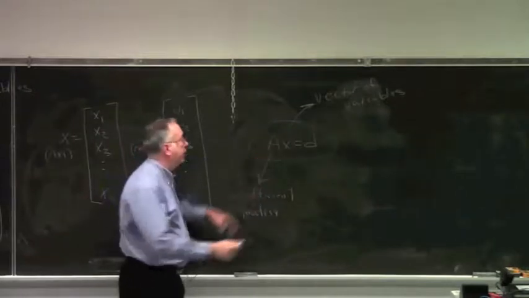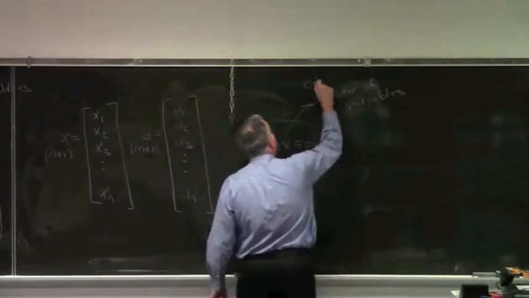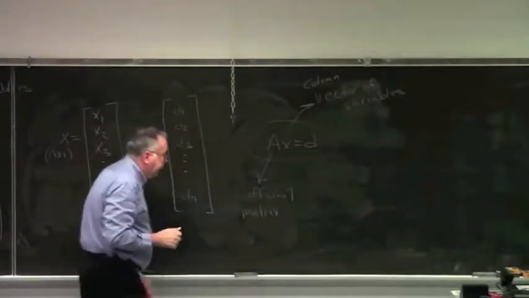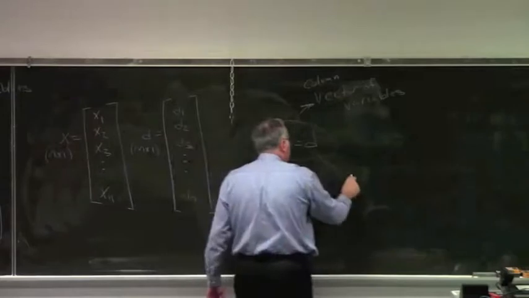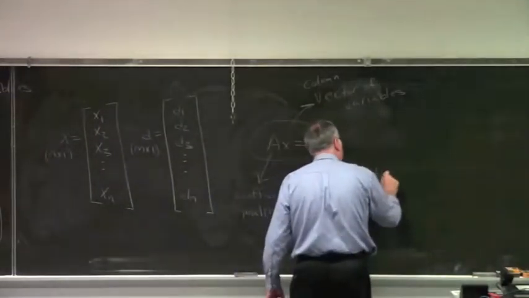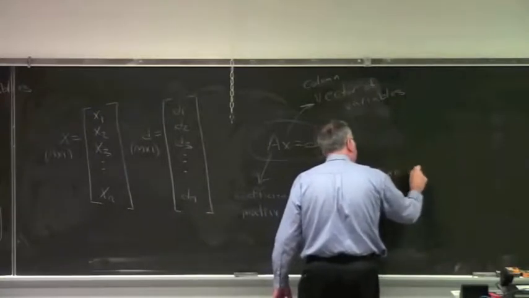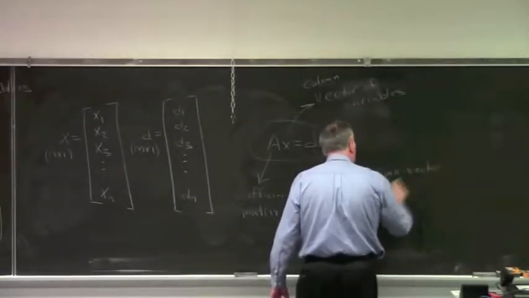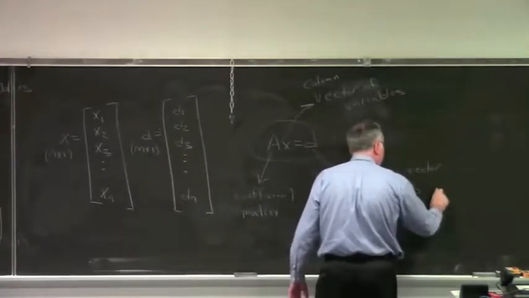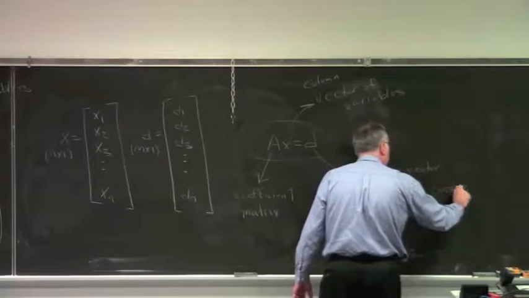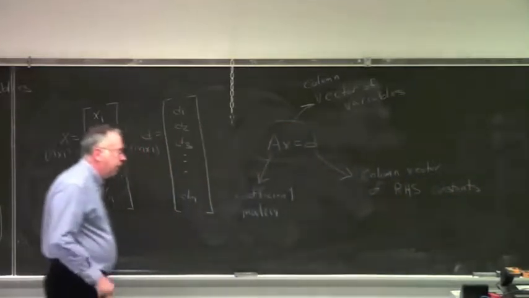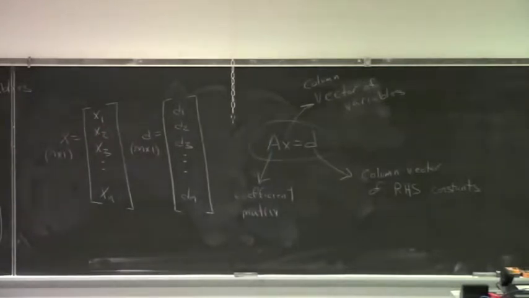A column vector. And D is the column vector of right-hand side constants. Okay, I'll just say constants. Could be parameters or exogenous variables too. Okay.